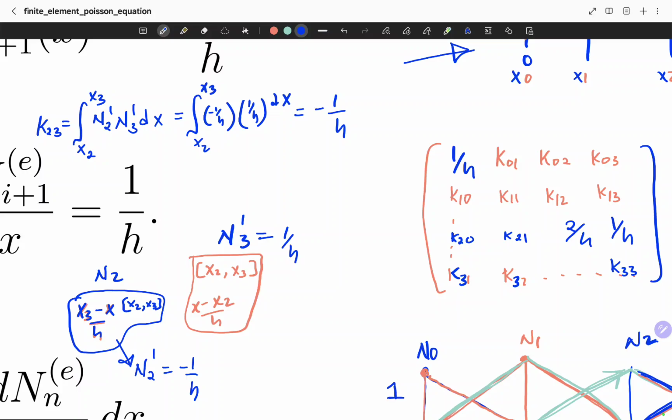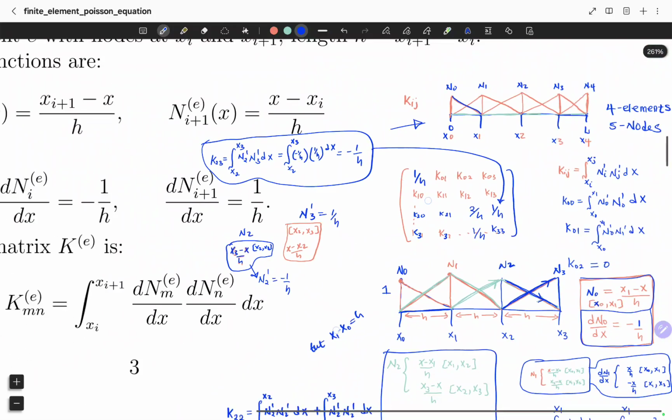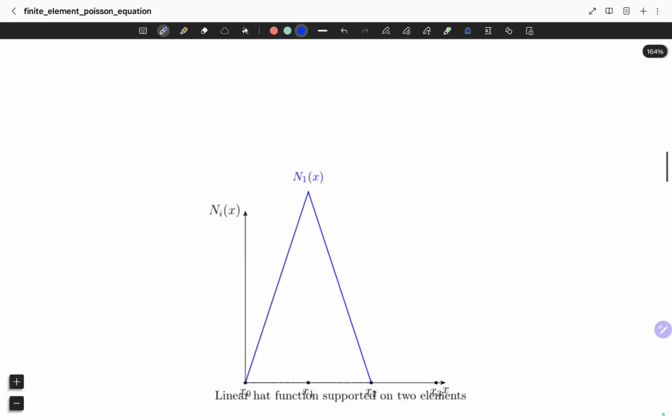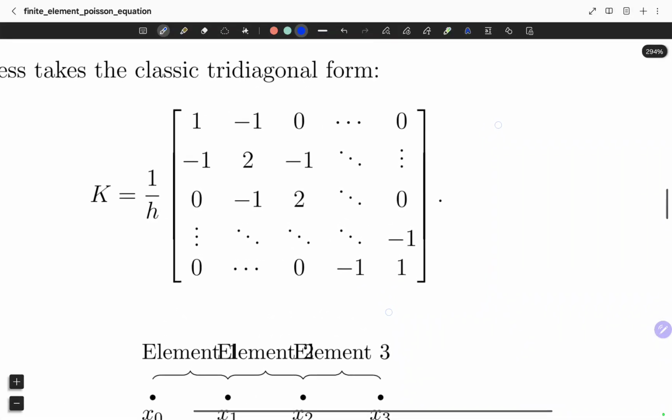And when you do the same, because k32 as well, this is k23, which we did and got 1 over h. But when you do k32 it is the same thing. So 1 over h will also come here. And in the end, you find the matrix looking like the K matrix.